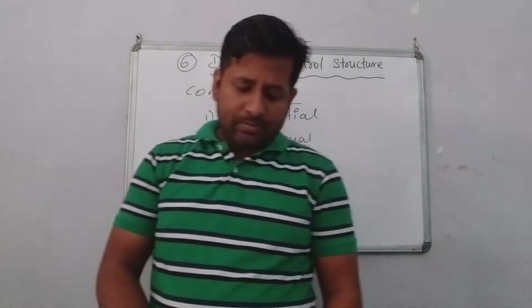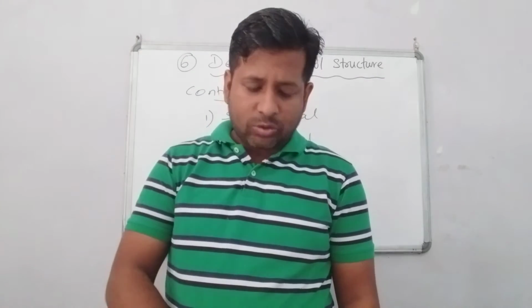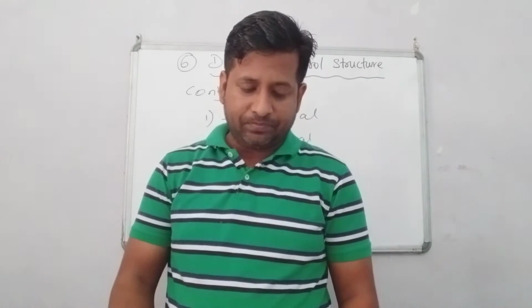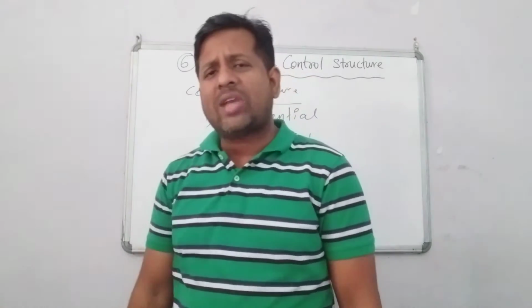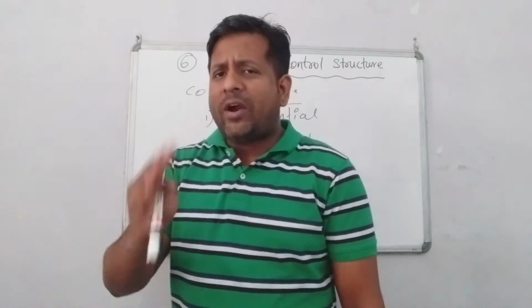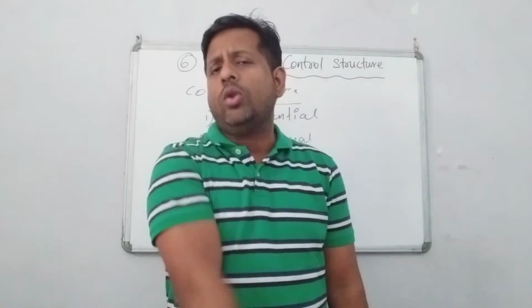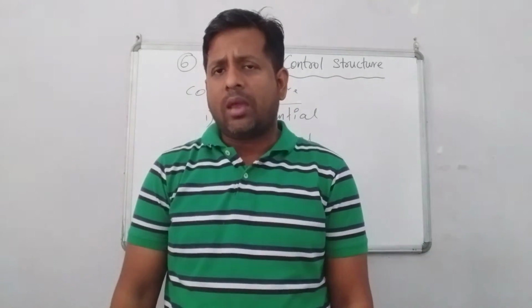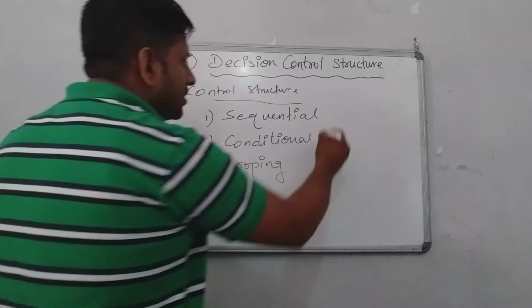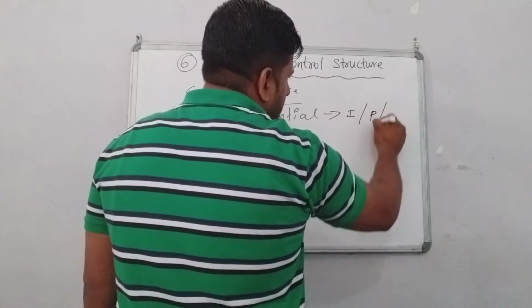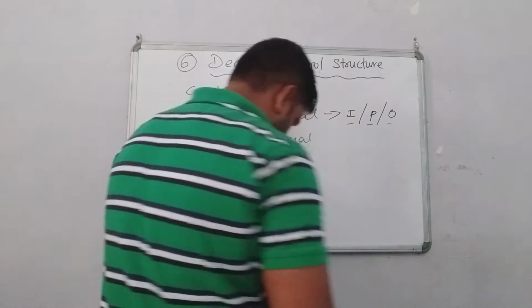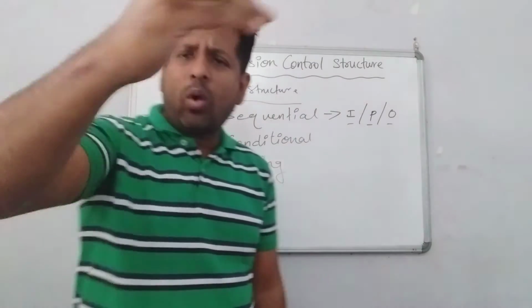Sequential means to follow in a sequence, like the program which we did in chapter 5, finding the sum of two numbers, where you have input, process part and output part. That is known as sequential, one after another.